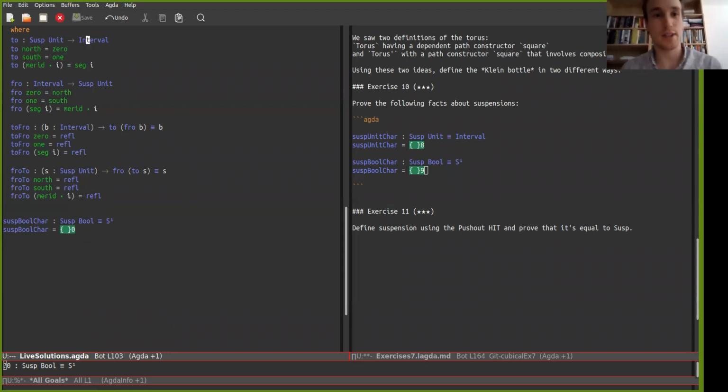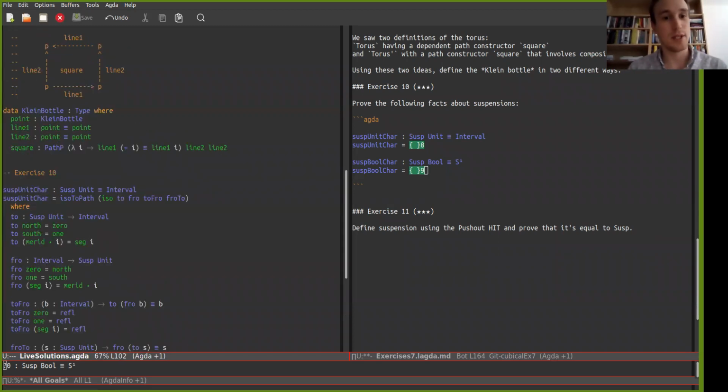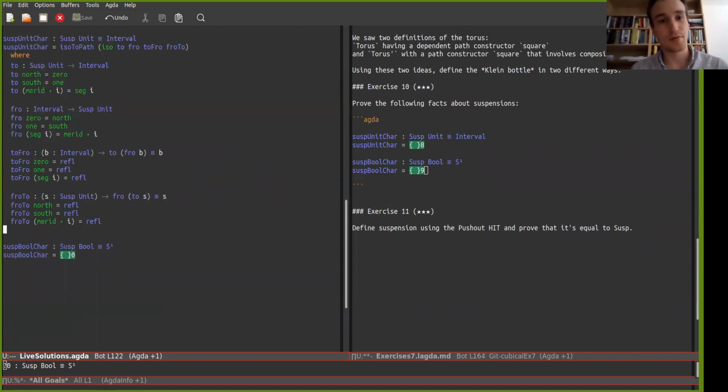If you haven't done it, I encourage you to start pattern matching here. Look at the definitions. You'll see you only have one choice, and when you do the round trips, you see that you don't have that much choice. Everything computes by refl.